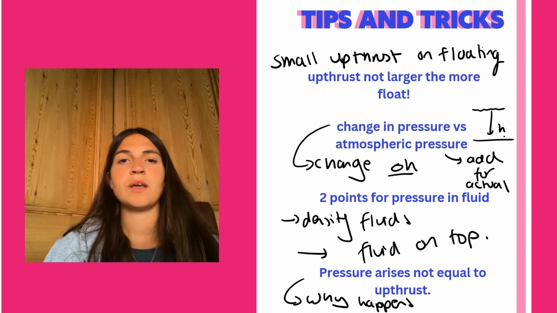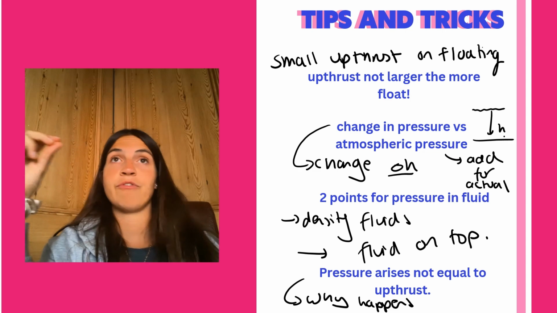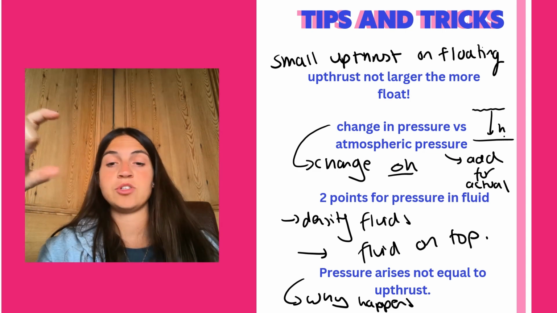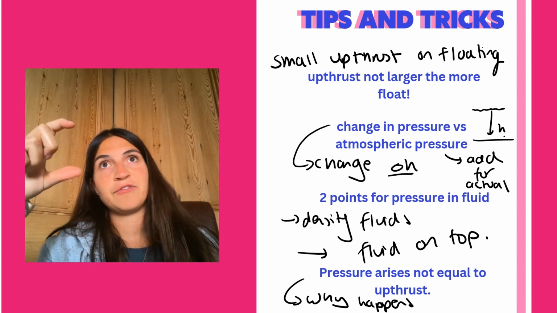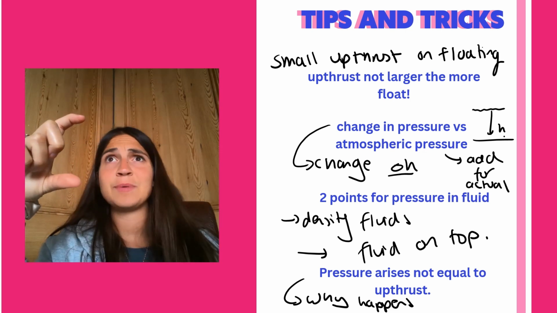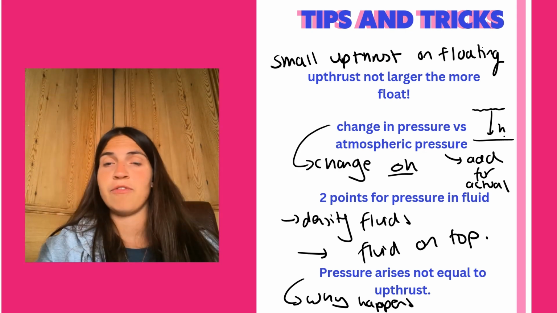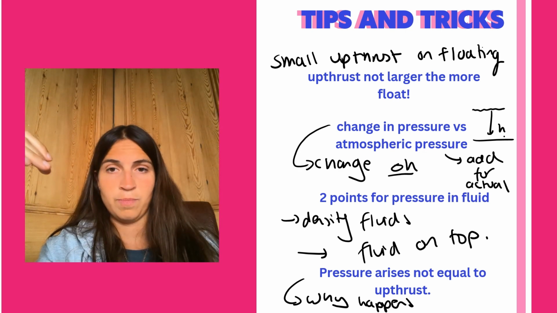Pressure arises not equal to upthrust. Why that happens. Yes, so this is the point that you need to say that upthrust is a consequence of the fact that you have, for an object in a fluid, 2 different pressures. A different pressure at the top to the pressure at the bottom. And that's because there's a different amount of liquid pushing down on the top than the amount of liquid or fluid that's pushing down on the bottom.